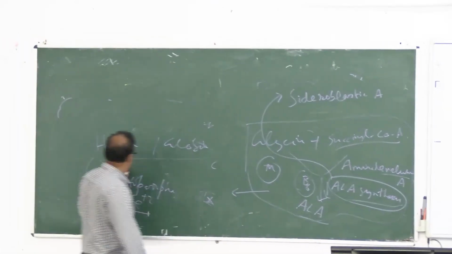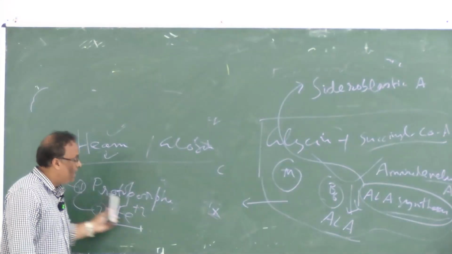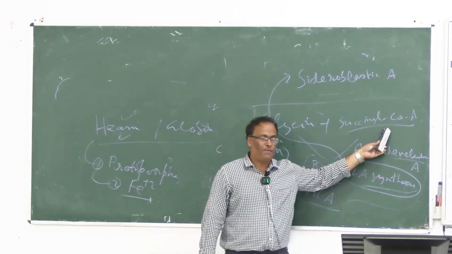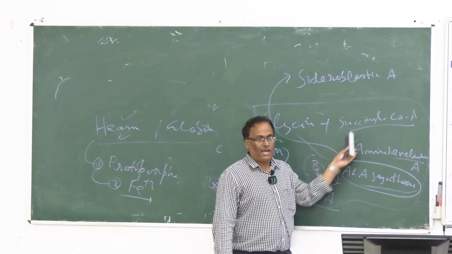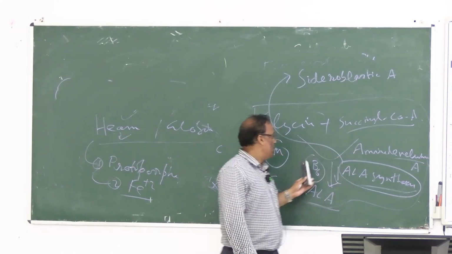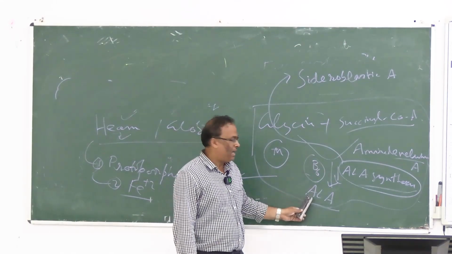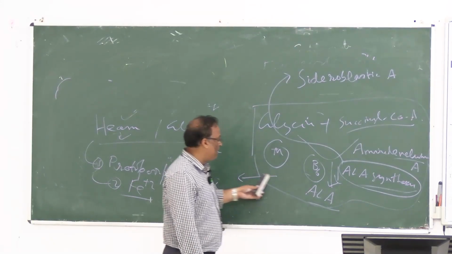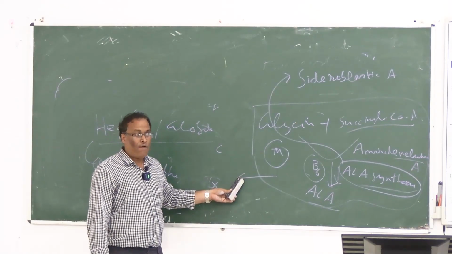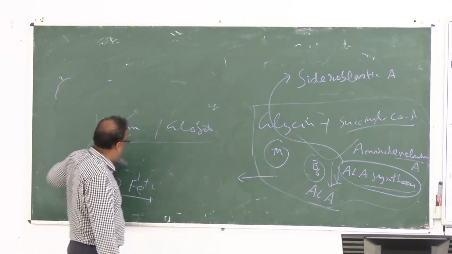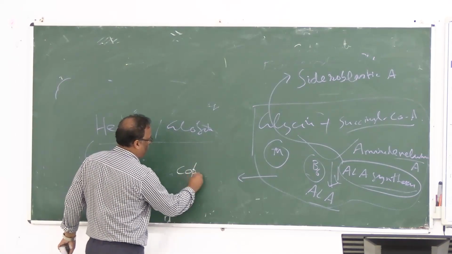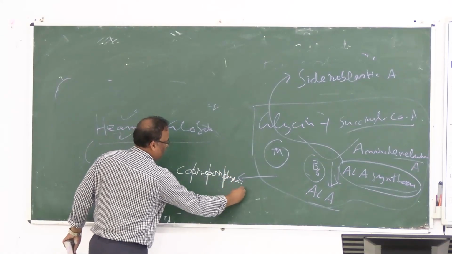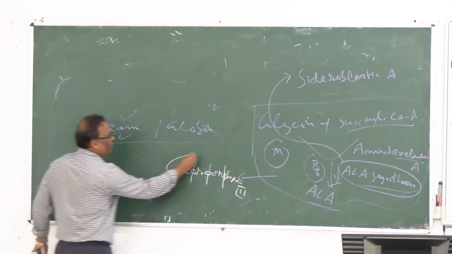Till now, the heme part is protoporphyrin 9. Protoporphyrin 9 is synthesized from glycine and succinyl-CoA. Glycine is the amino acid, succinyl-CoA is the intermediate product of the Krebs cycle. Then by the enzyme ALA synthase with B6 as a cofactor, ALA, amino levulinic acid, is formed. This reaction happens in the mitochondria, but the rest of it comes into the cytoplasm, and after the formation of coproporphyrin 3, the names are a bit difficult, it again comes into the mitochondria.